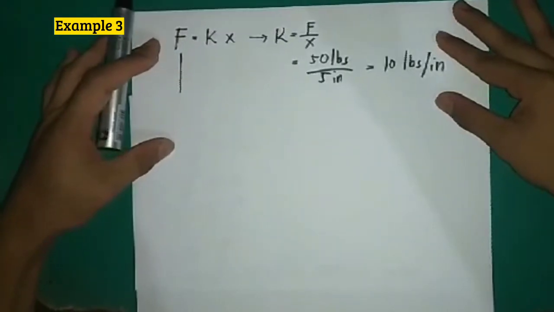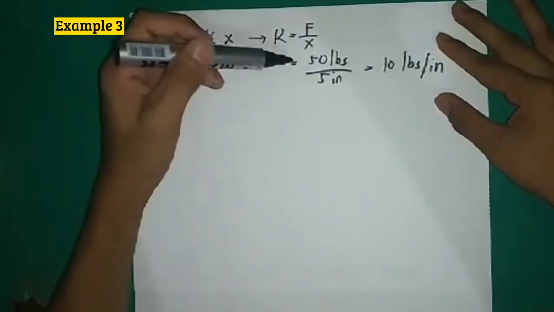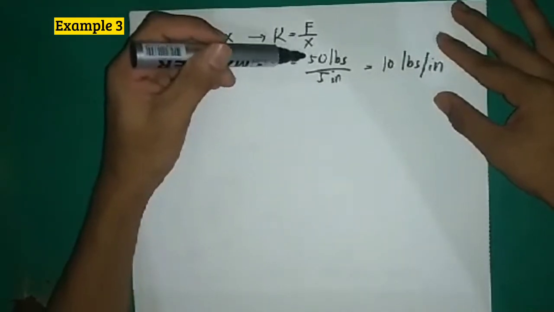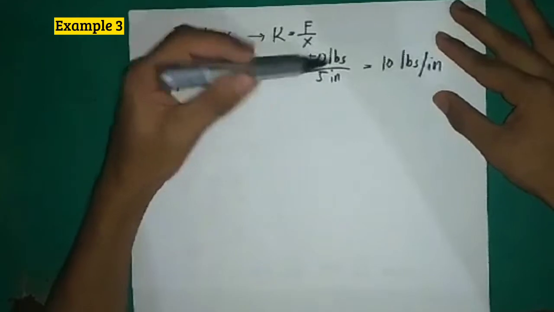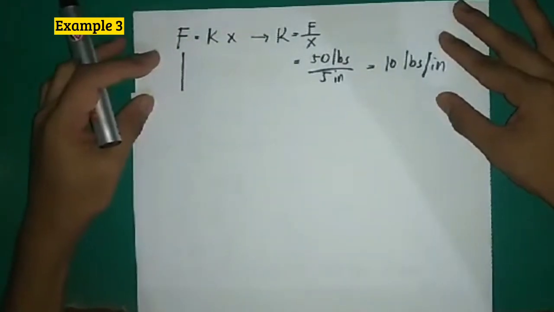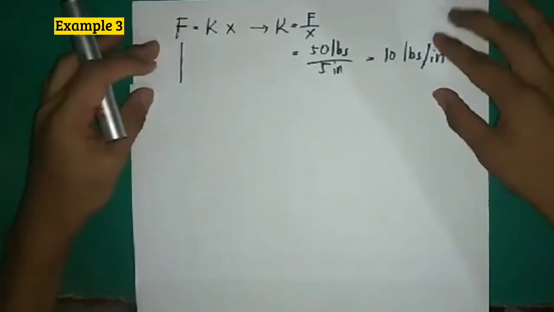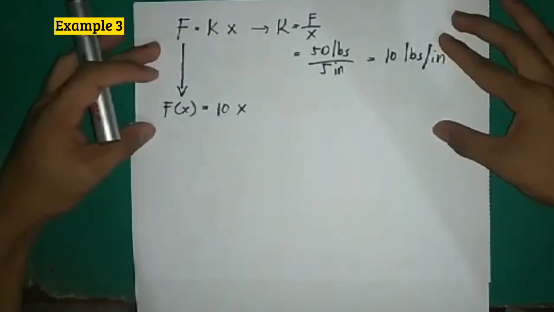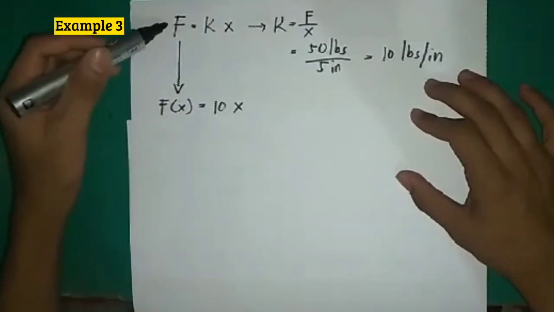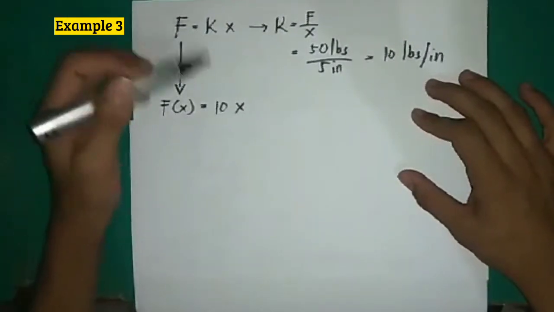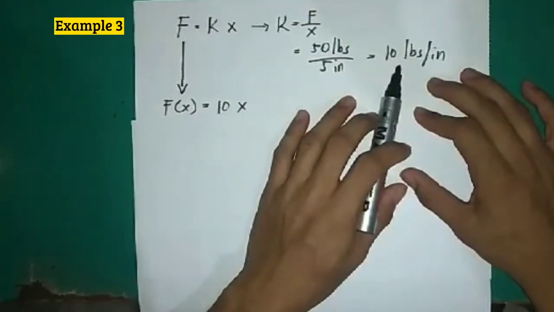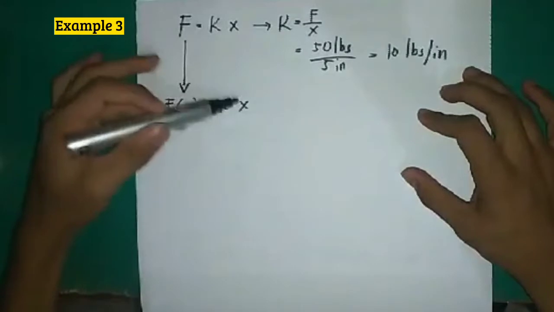So the force in the problem is 50 pounds while x is 5 inches. So 50 pounds divided by 5 inches is equal to 10 pounds per inch. So again, let's return to the first formula. F of x is equal to K, which is 10 pounds per inch, times x.